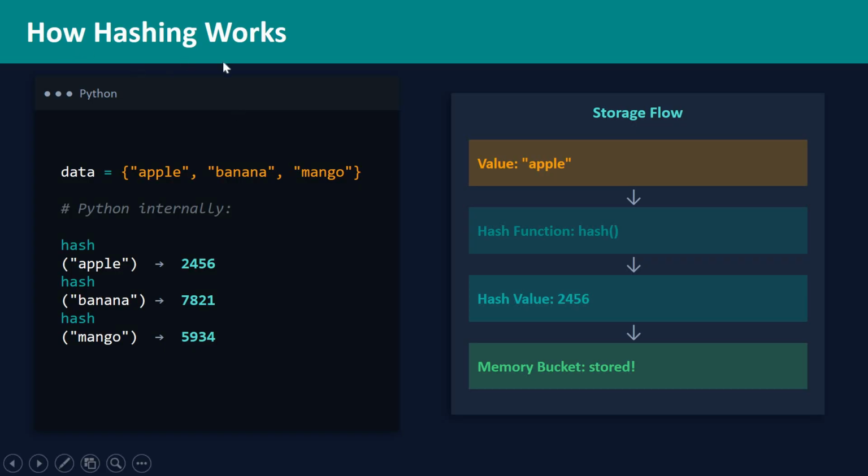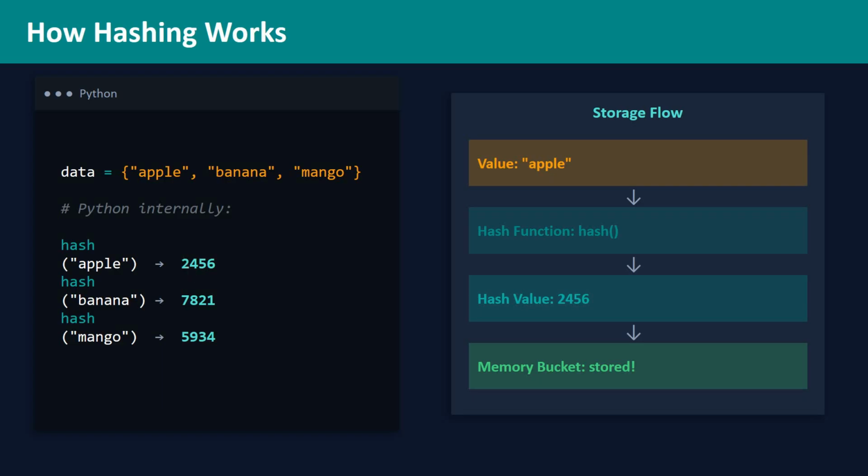Next, let's understand how the hash function works. Suppose I am adding some data: apple, banana and mango. These are three different items which I am adding into data, which is a type of set. The curly braces indicate a set. Internally, Python first adds apple. For apple it generates a number based on the alphabets present in it. If apple comes again, it will generate the same number.